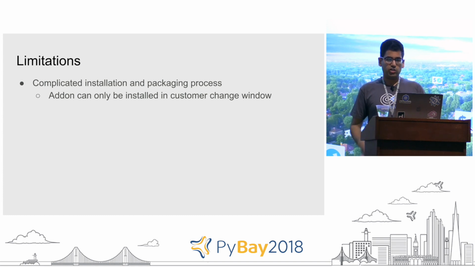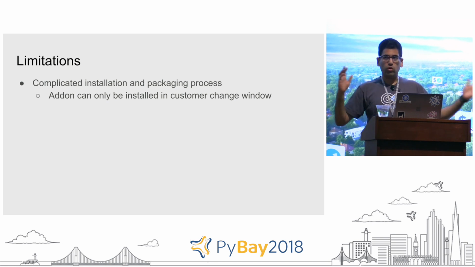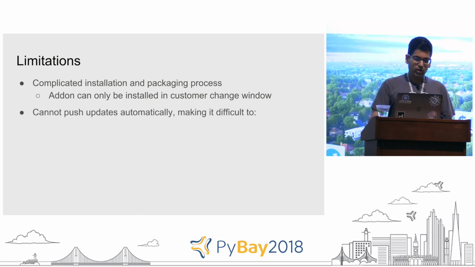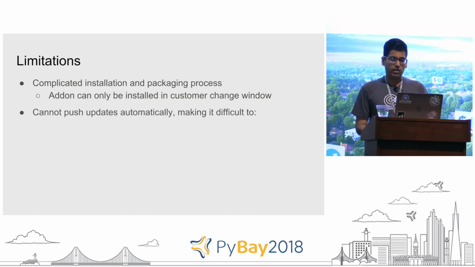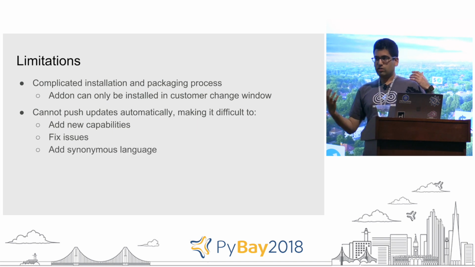Many of our customers had specific change windows, so that essentially meant updates had to happen after hours, maybe once every month in some cases. We couldn't update them quickly enough. We also couldn't push any updates automatically. So it was really difficult to add new capabilities and fix bugs that would show up in the product, and also add synonymous language.